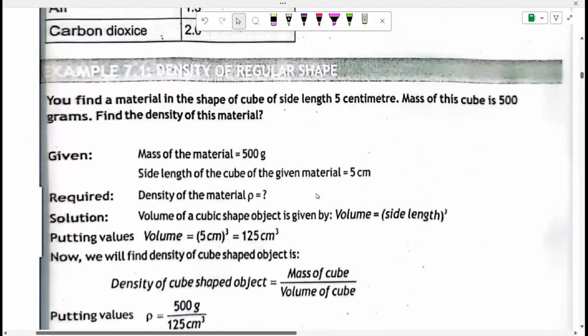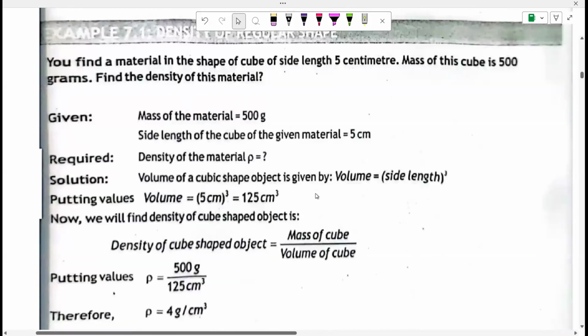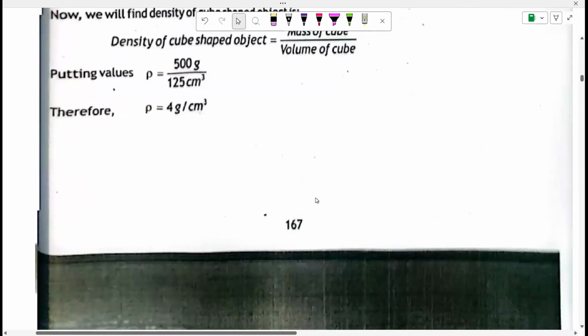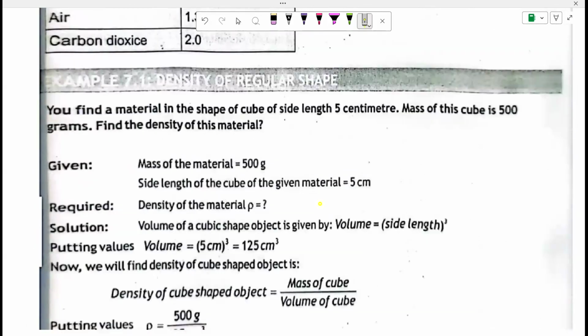ये तो basic density उसमें find out किया हुआ है. Everything is already given in the question.